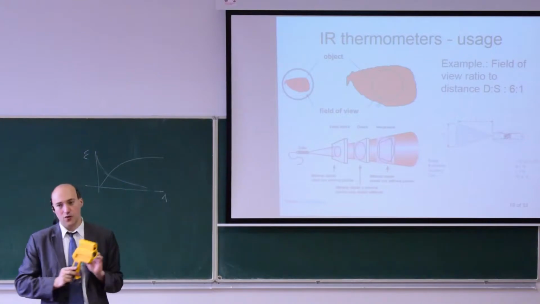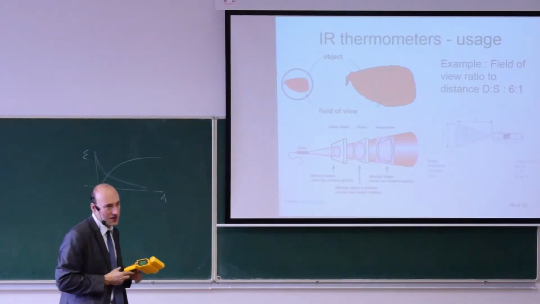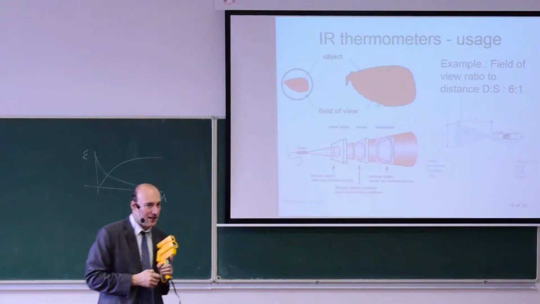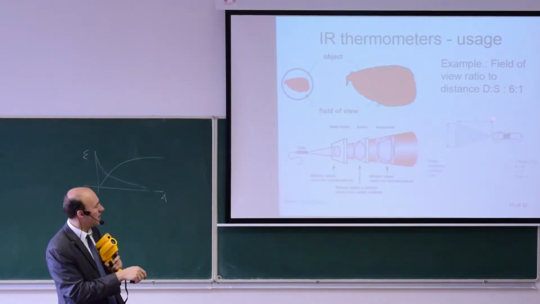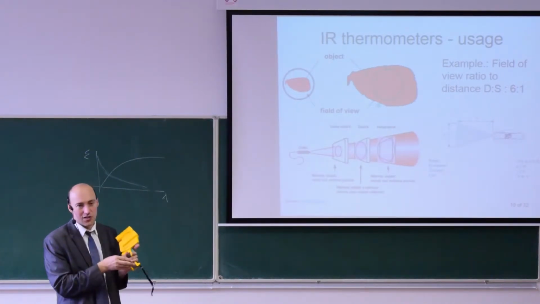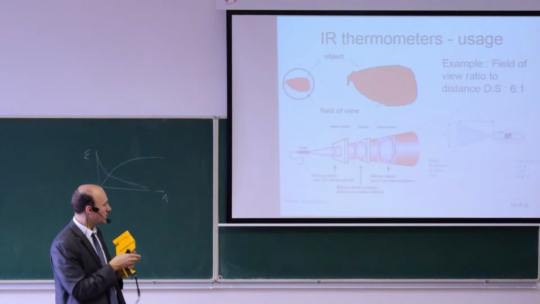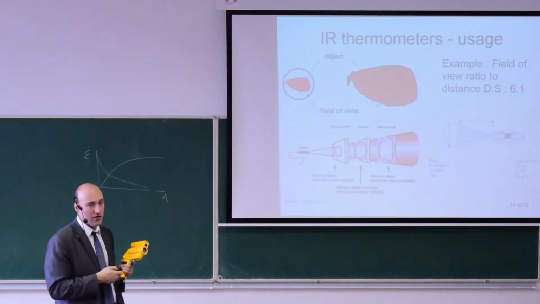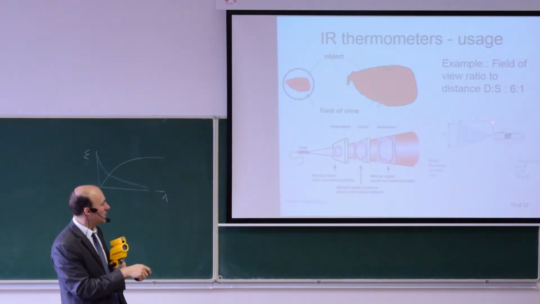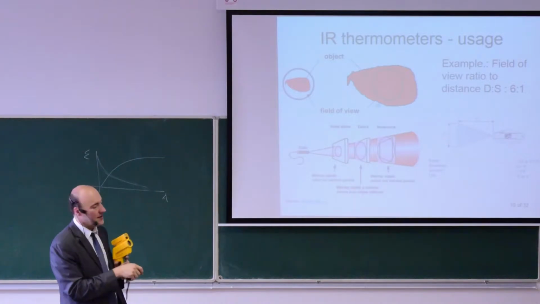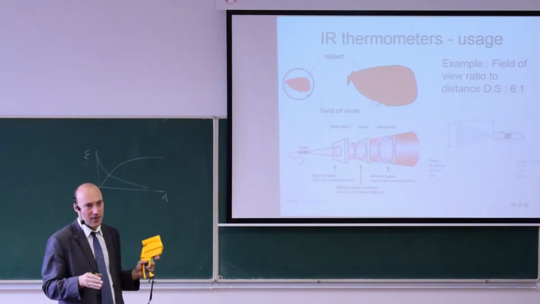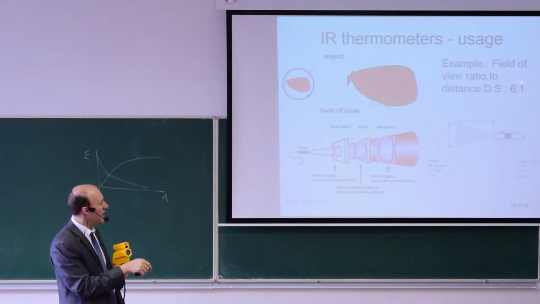The field of view is a function of distance, and for infrared thermometers it typically is looking like this. So it's a cone, and normally you find a description based on distance and between the diameter of the circle. So this is an example you may find in a manual.